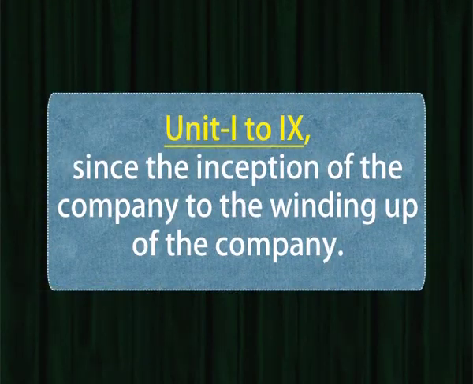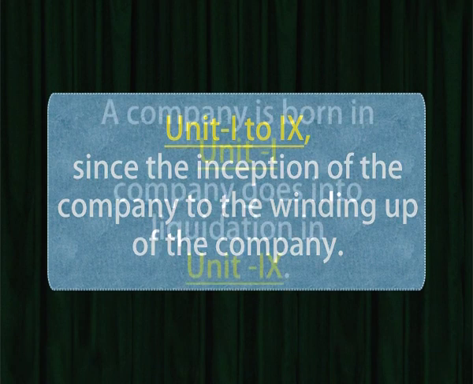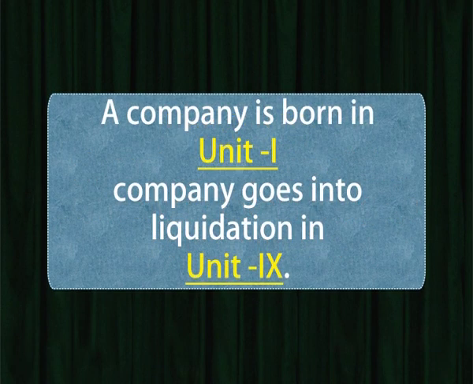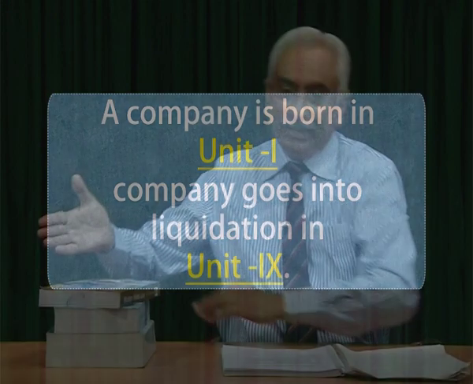From unit number 1 to 9, since the inception of the company to the winding up of the company, we have covered all the units. A company is born in unit number 1, company is going into liquidation in unit number 9. So, in between, whatever units or literature we have studied is related with the affairs and the management of the company.